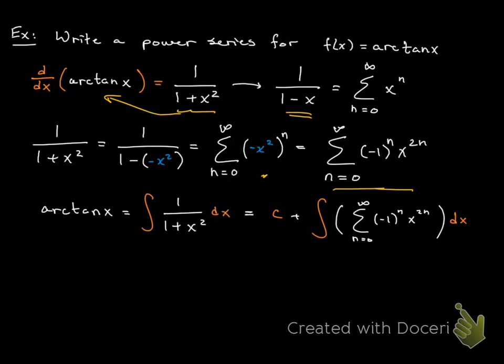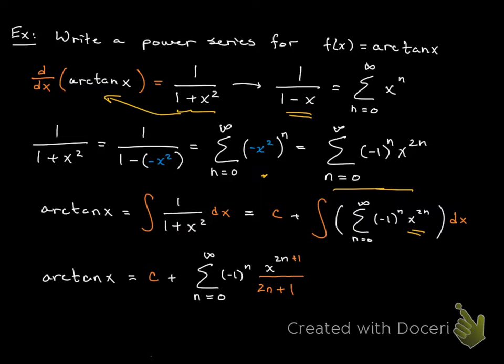I wanted to take it a step at a time. When I integrate this power series, what I've got is x to the power 2n. That's the power that's going to increase by 1. So my arctangent is then c plus the sum. I increase the power of 2n by 1 and divide by the new power.